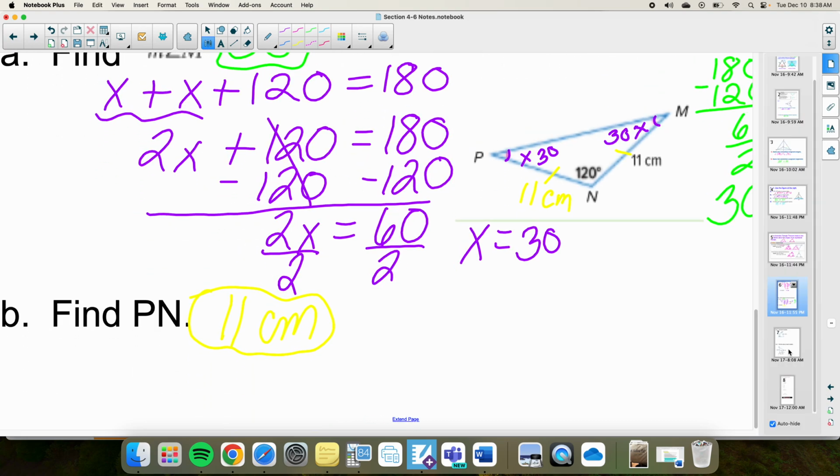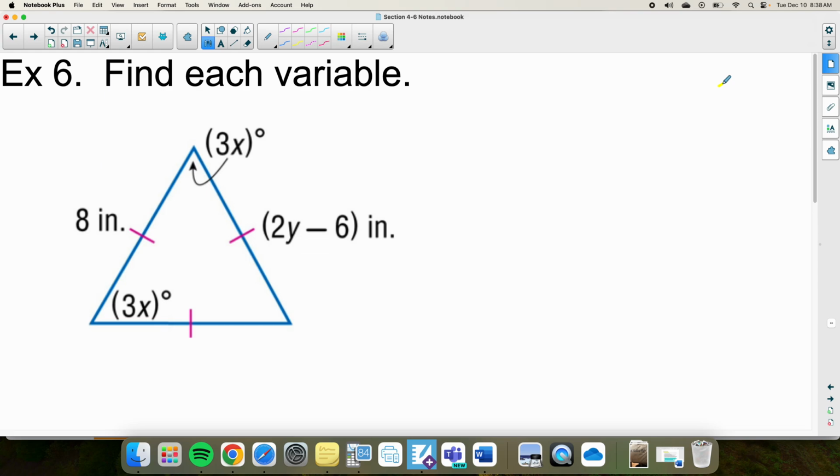So now let's go to this page. Okay, so when we do this, if we have all three sides equal, do we know what each of those angles is? What would they each be? They would all be 3x. You're right.